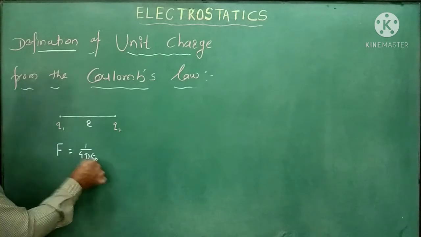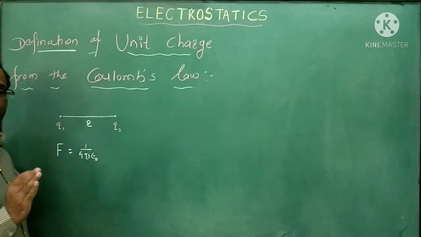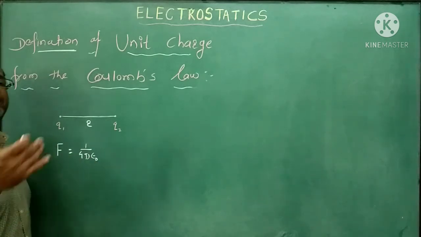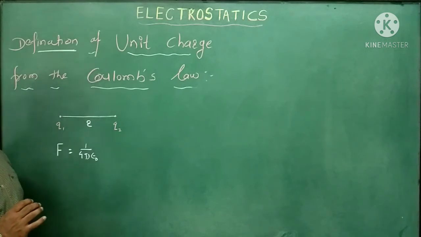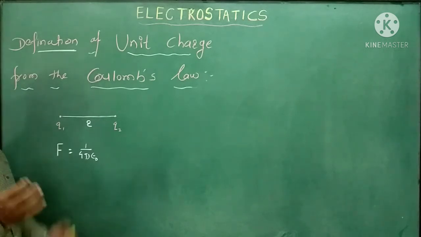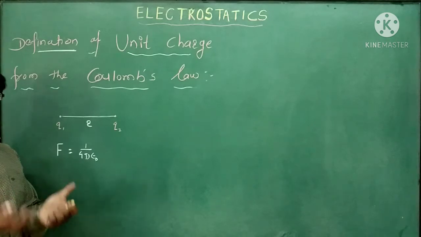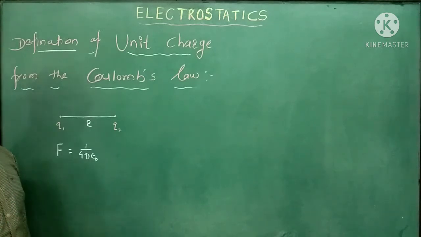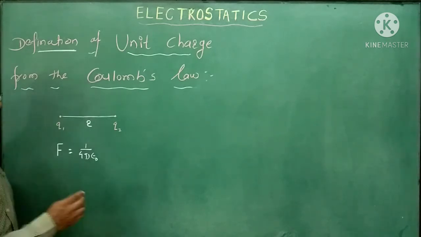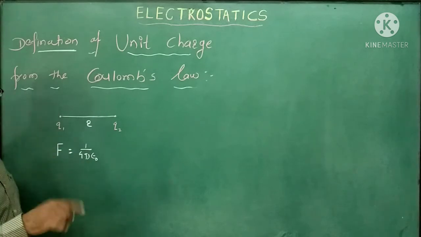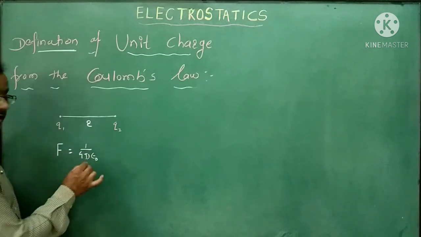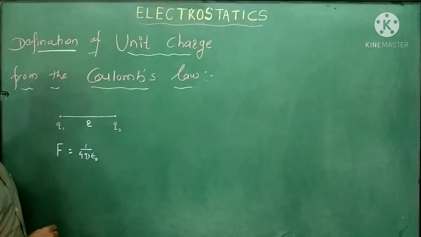You know the meaning of epsilon 0. Epsilon 0 is the permittivity of free space, that is the ability of free space or vacuum to hold electrical charge. That ability is the permittivity, written by the letter epsilon 0.